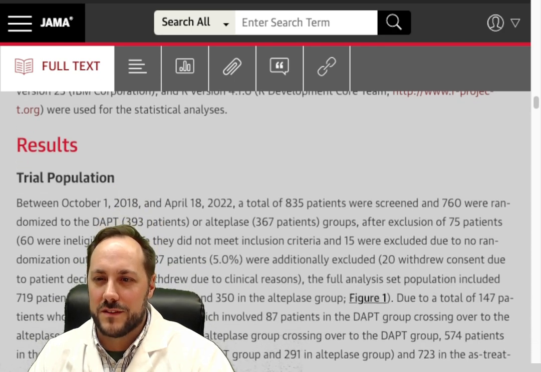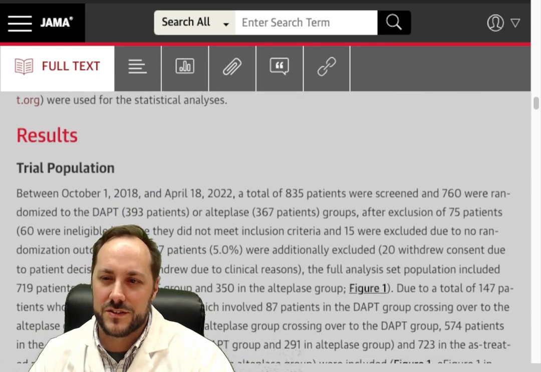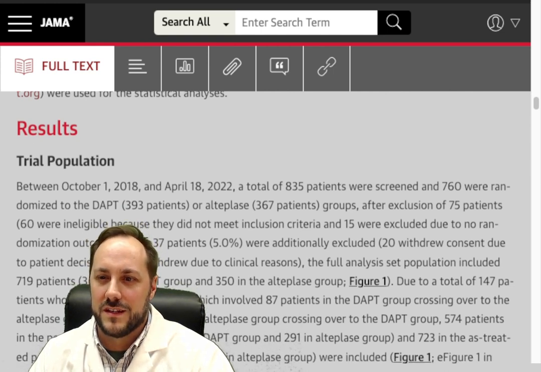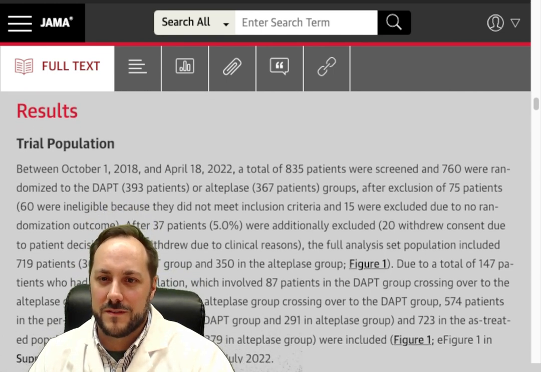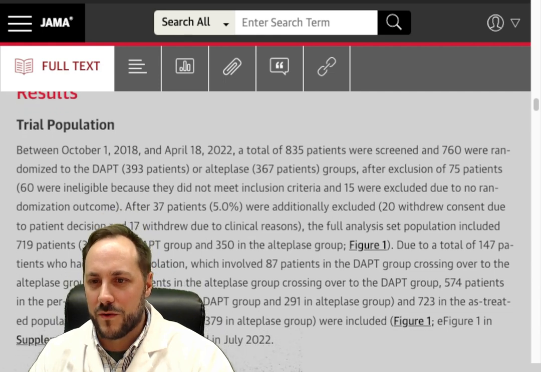But this trial population ended up being 835 patients were screened, 760 randomized into the two groups. A small amount were ineligible.